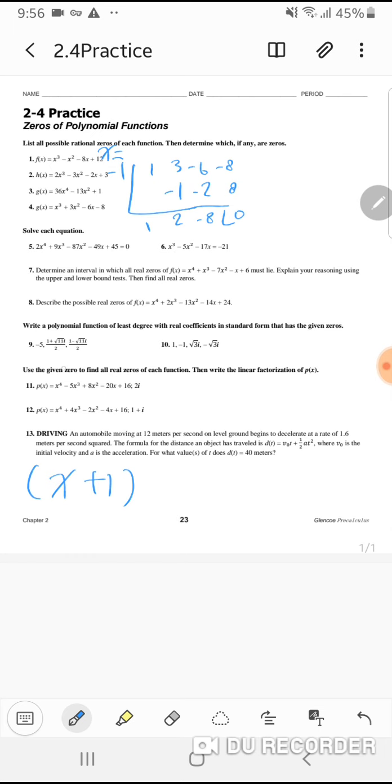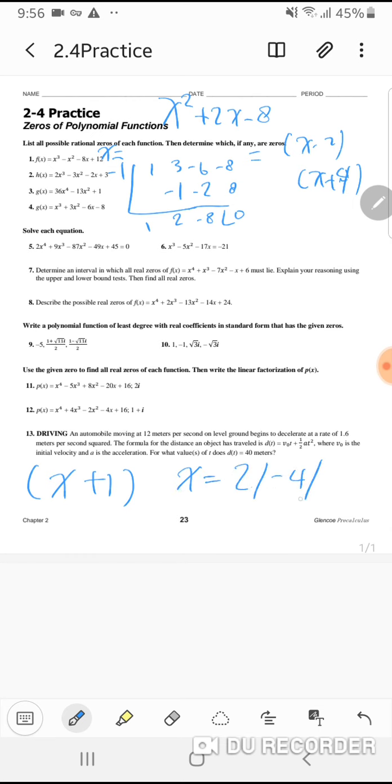So if x equals -1, then this will be 0. And then x squared plus 2x minus 8, that would be x minus 2, x plus 4, right? So our x's would be x equals 2, -4, and -1. And they were all in the possible rational zeros.